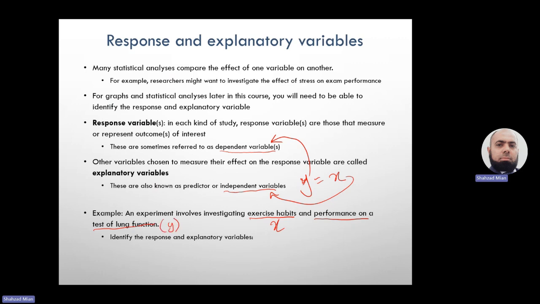If we do more healthy exercise, our test of lung functions performs better. So this is our x and this is y. As you can see, the response is lung function performance and the explanatory is exercise habits.